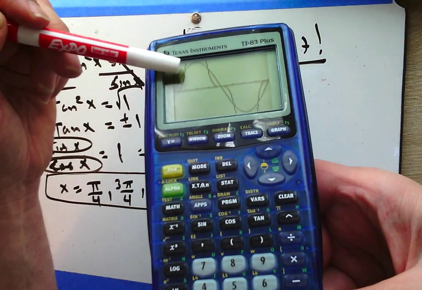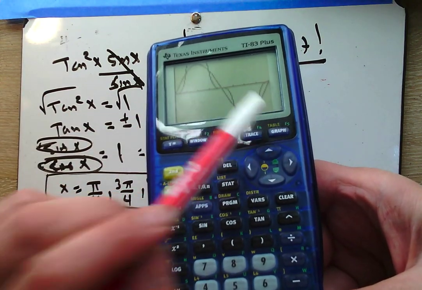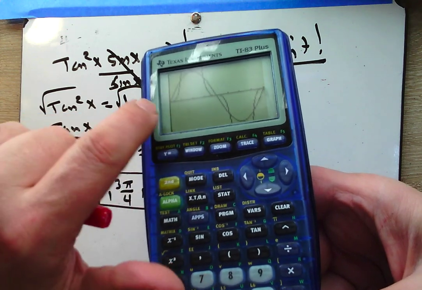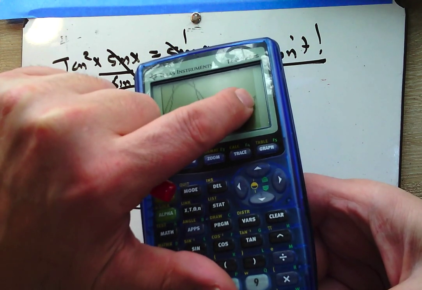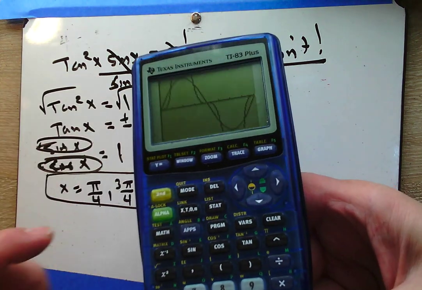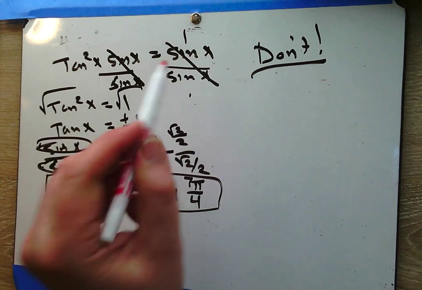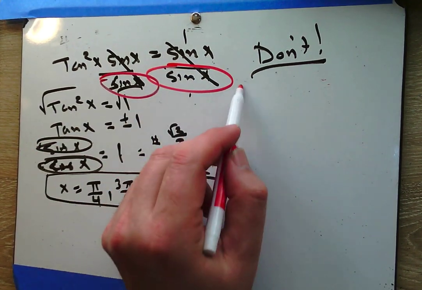Here's the pi over 4, here's the 3 pi over 4, here's the 5 pi over 4, here's the 7 pi over 4. But they're also intersecting over here, and they're intersecting here. And if we included 2 pi, they'd be intersecting at 2 pi as well. That means when we divided by this sine, we threw solutions away.